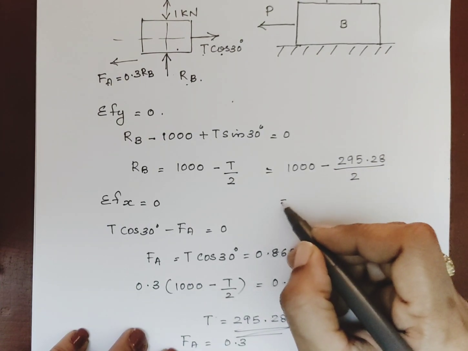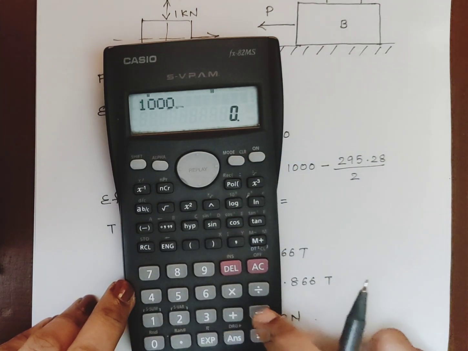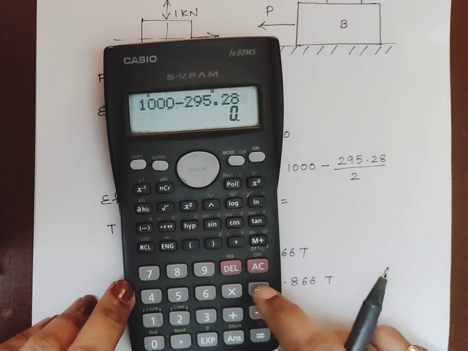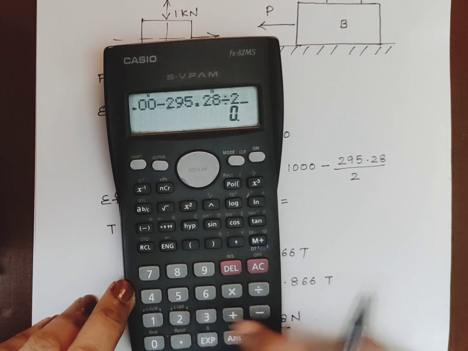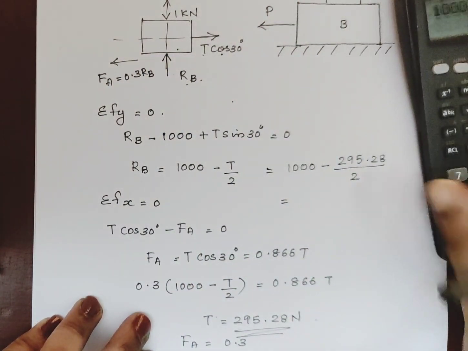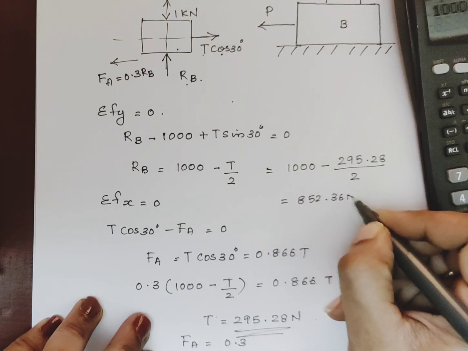That is equal to 1000 minus 295.28 divided by 2, that is equal to 852.36 Newton.